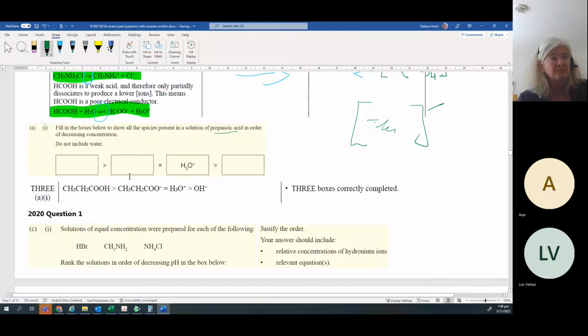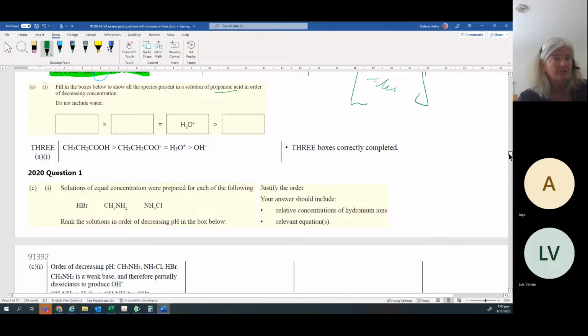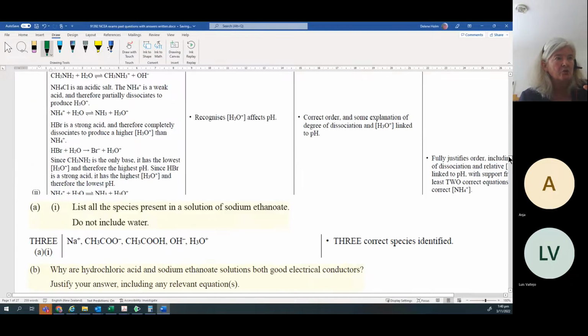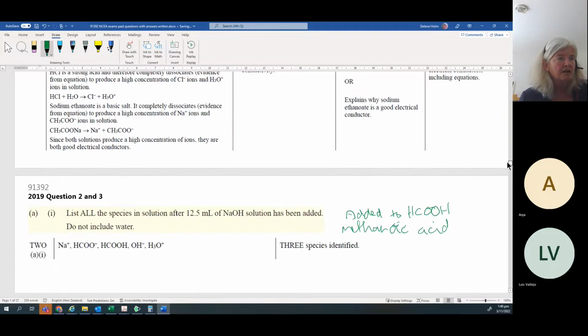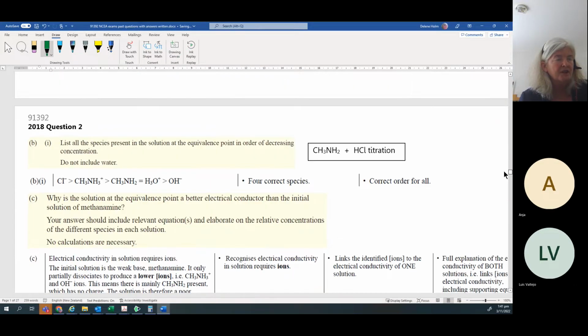Again, this is just an achieve level question if it's just filling in the boxes. And you need all of those boxes correct because they gave you the H3O plus. So you've got to get them all correct. Okay, so that's all the same type of thing. Equations are given, they explain which one is a higher or lower concentration and so on. So I'm not going to harp on much more there.